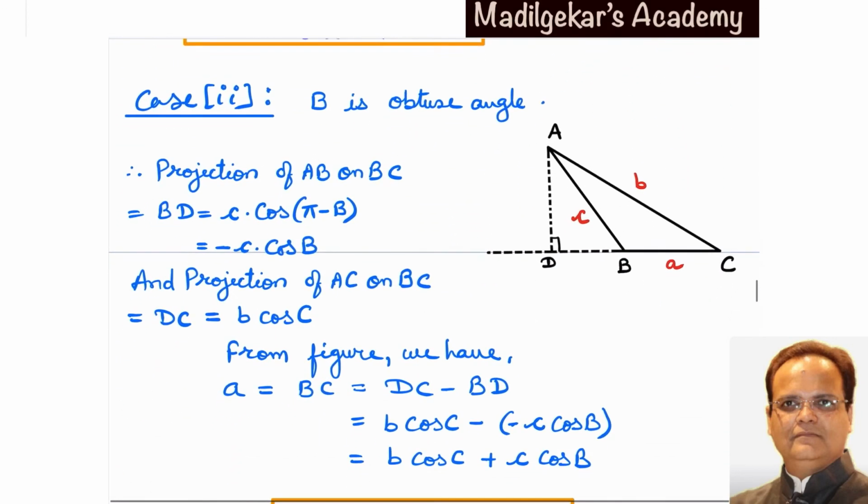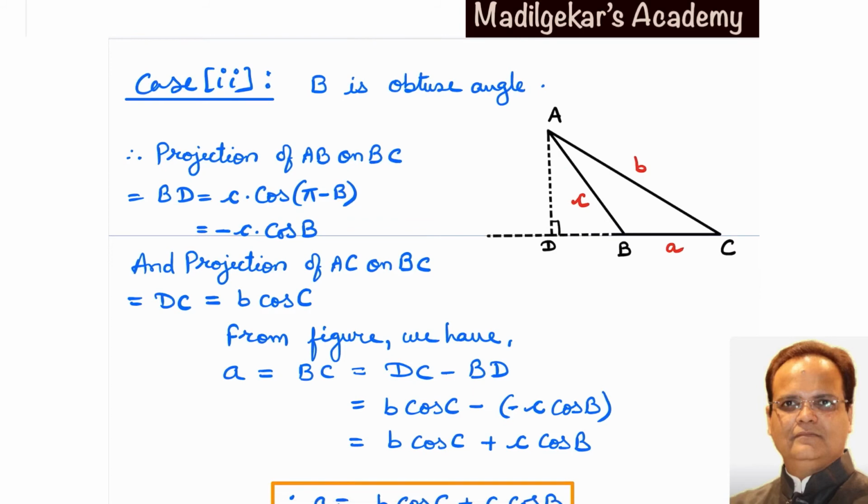Let us study the second case. What happens if B is an obtuse angle? If this angle B is obtuse, then the projection of AB on the side BC will be BD. So this part is the extended side of BC. So BD equals c into cos of pi minus B. If this is B, then this must be pi minus B, the external angle.